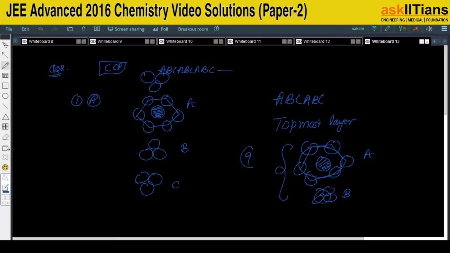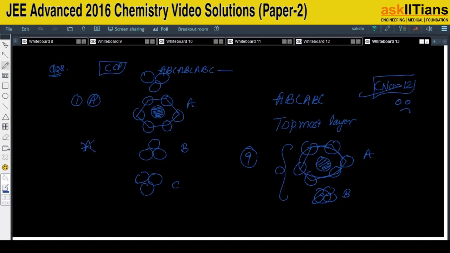So there will be just 9 nearest atoms, because he's specifically talking about the topmost layer and not about the coordination number. Many students would have said coordination number is 12. So yes, the number of nearest neighbors is also 12. But my dear students, he's talking about the topmost layer only. So be very careful. So A is not the correct option.